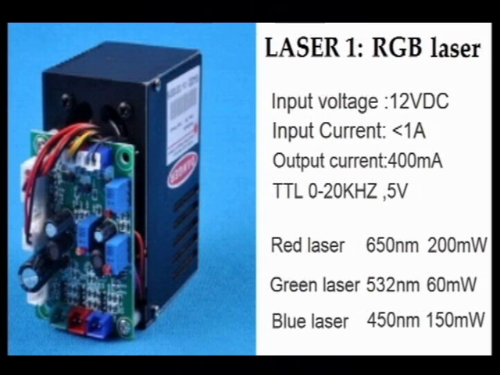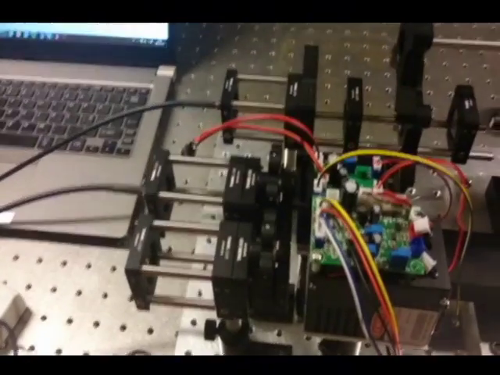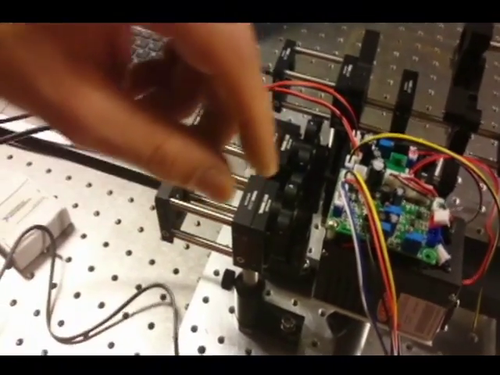So we have an RGB laser, a 3 laser system with a red laser at 650 nanometers, a green laser at 532 nanometers, and a blue laser at 450 nanometers. Then we have an additional laser, which we call the violet laser, at 405 nanometers.